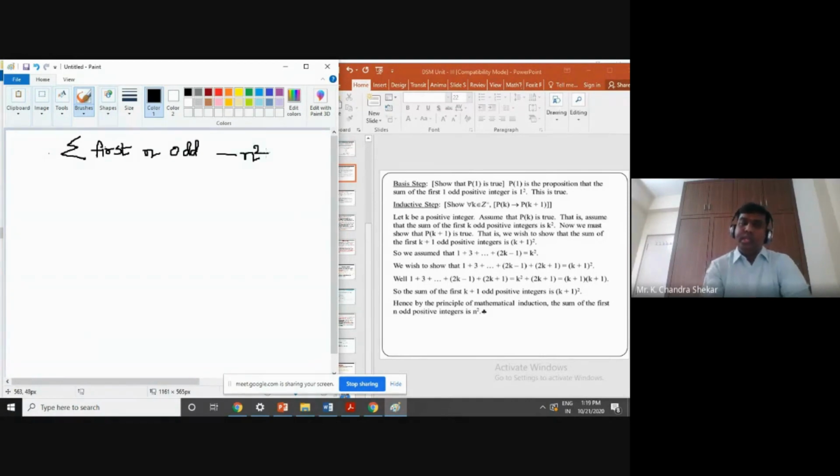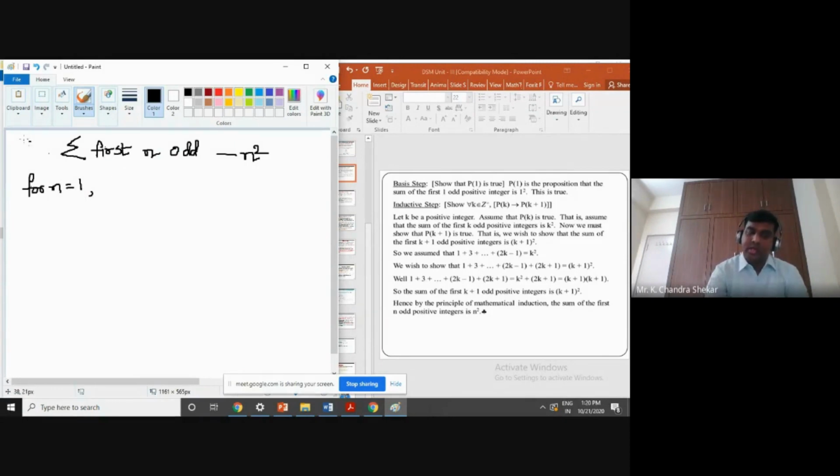Okay, so simple. By mathematical induction, first we have to check for n equal to 1. For n equal to 1, we will check whether the statement is true or not. That's it. So for n equal to 1, what will be P of 1? Now let me consider this entire statement as P of n.